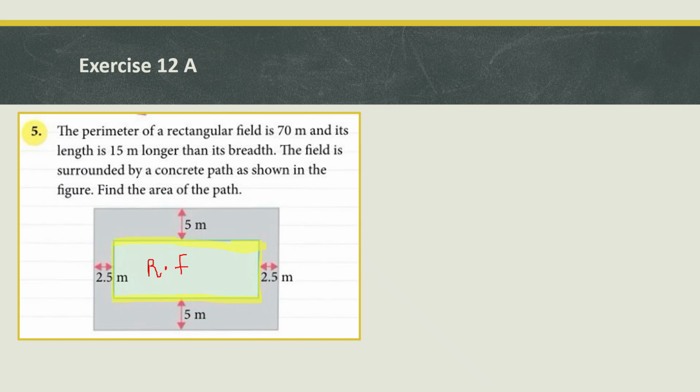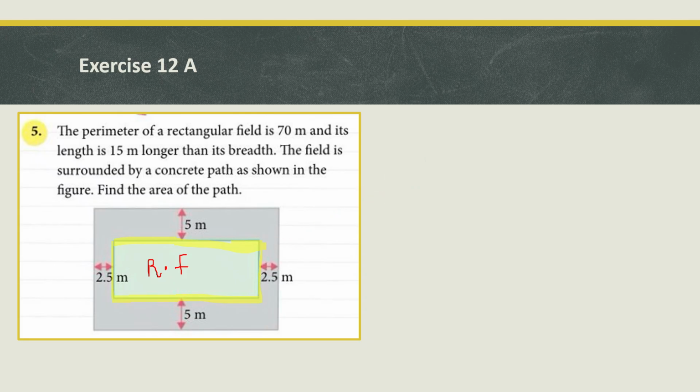Field means open space or open land, and it is in rectangular form, so it is a rectangular open space or rectangular land. I hope it's clear. This point is clear to everybody.